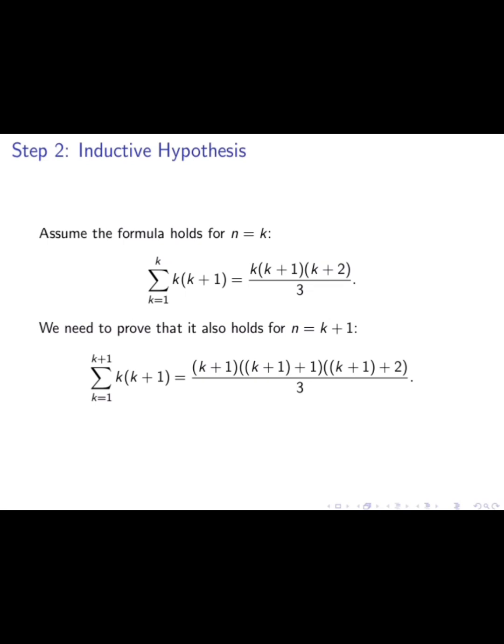Are you getting it? Now assume the formula holds for n equals k. This simply means that anywhere you see n, you are going to put k. So that's k(k plus 1)(k plus 2) divided by 3. Similarly, we need to prove for when n is equal to k plus 1.